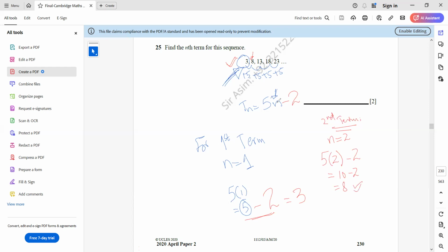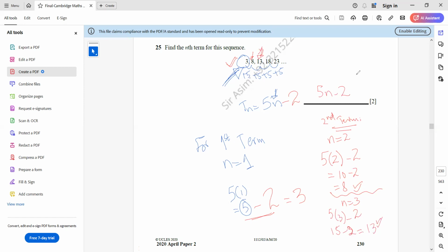Yes, that is correct. If you replace n equals 3, you should get the third term, which is 13. So 5 times 3 minus 2. 15 minus 2 is 13. And yes, that is correct. The formula is 5n minus 2.